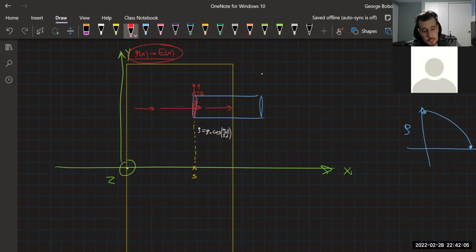I know that 100%. Because this face of my pillbox is sitting at a constant x, it's receiving the same electric field throughout it, and I can use Gauss's law with this pillbox like that. It will have some electric field going through here, 100%.